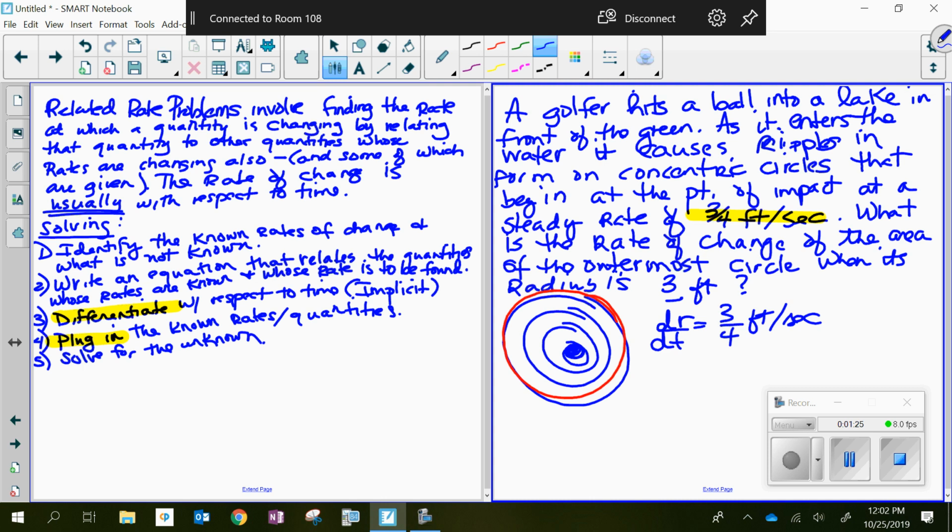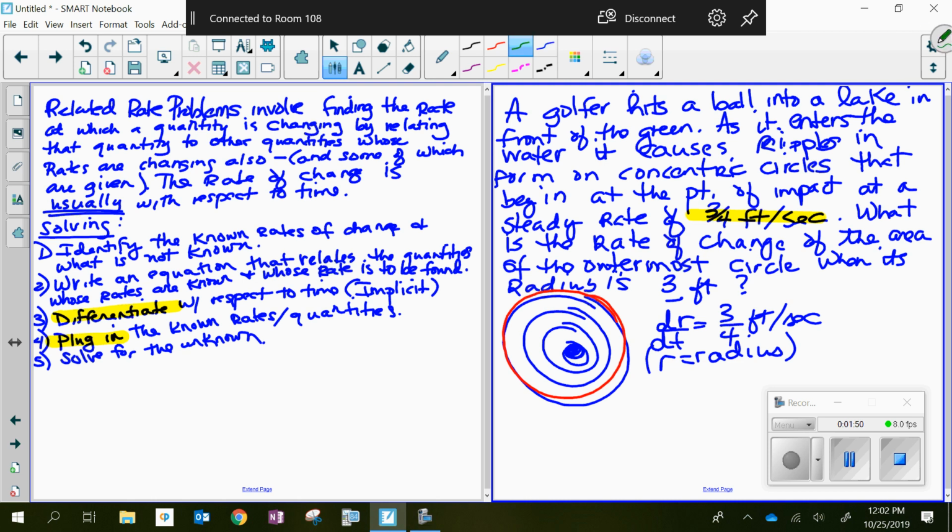Where r, just saying, is the radius. We don't have to go crazy. You should, but I think it's assumed for this one. If you just call everything x, then yes, make sure you tell me what x is. But let's see. What are we looking for? dA/dt. Okay, good.